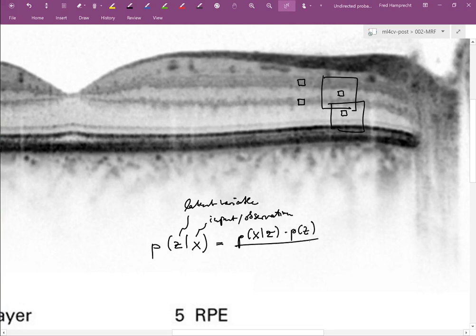And according to Bayes' theorem, we can rewrite it as follows, where this would be the prior, that would be the posterior, and the thing at the bottom is really expensive to evaluate, so we usually try and avoid this whenever we can in computer vision.